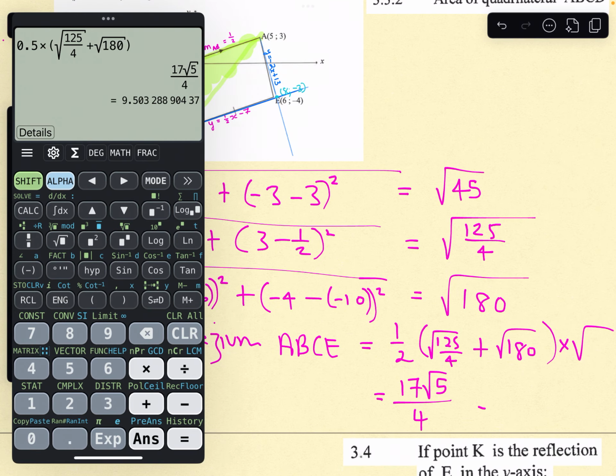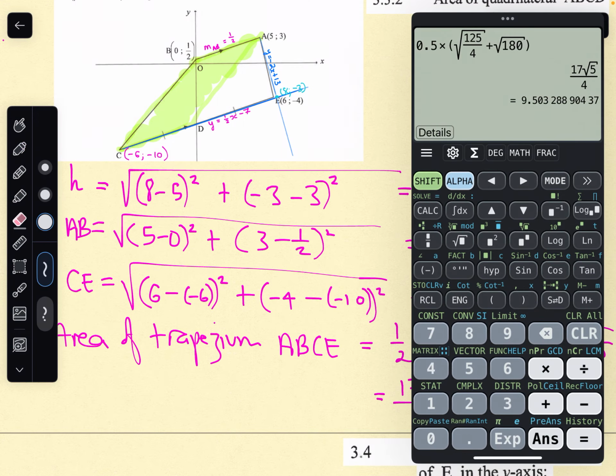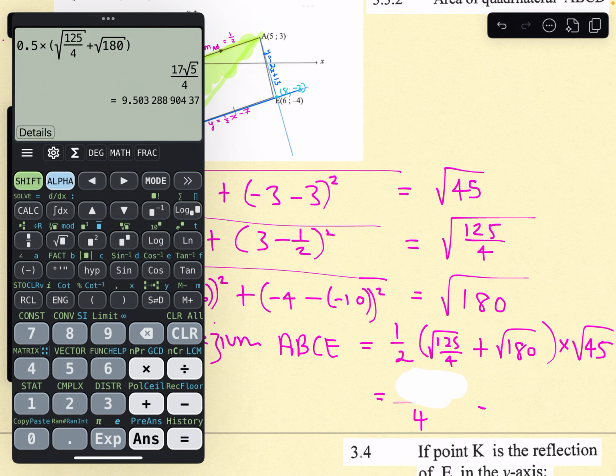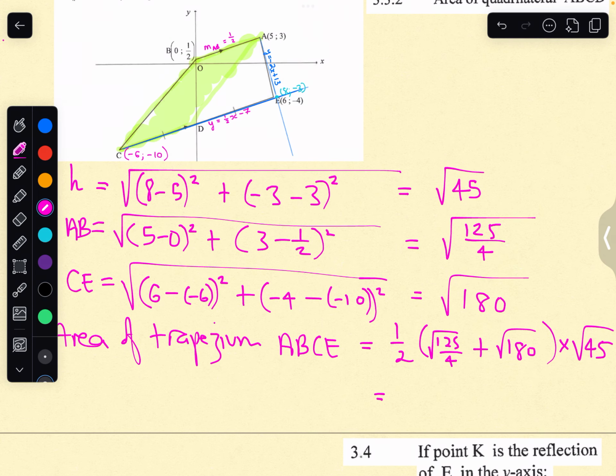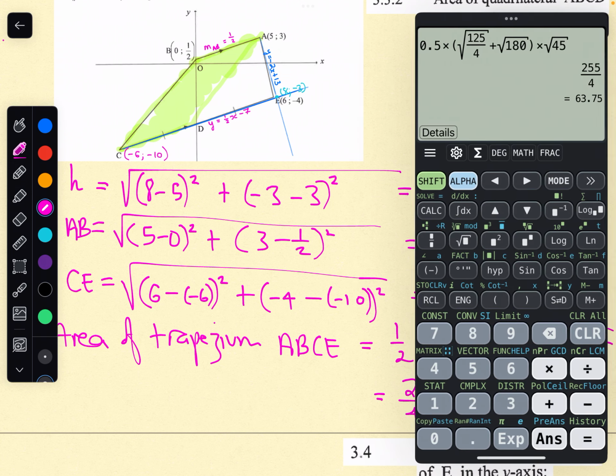So, okay, so it is not going to be this, my friend. Instead, 255 over 4. Okay, there we go. 255 over 4 square units. Let's just double check that.